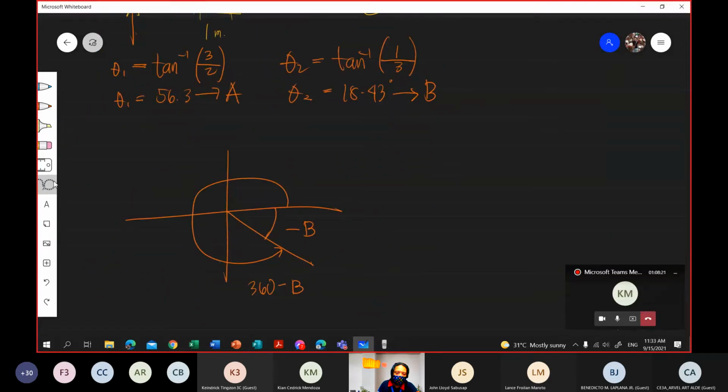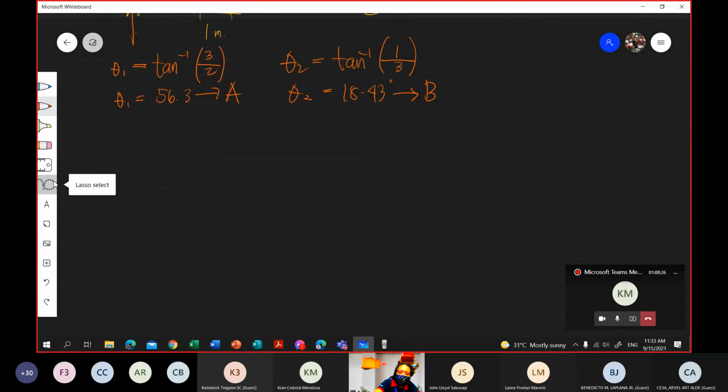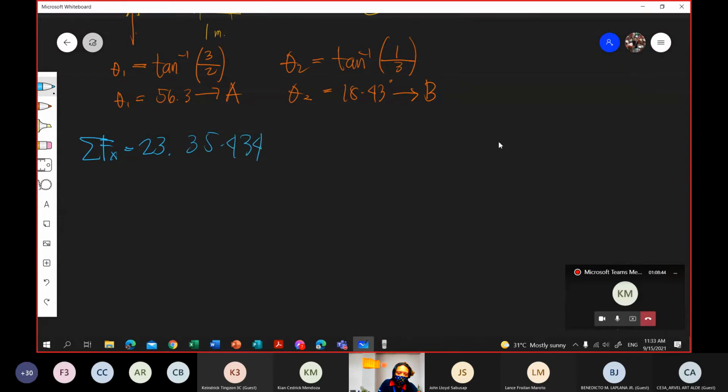Maybe we can use the memory. That is 23.35, the summation of forces along x, 35.434 kilonewton.